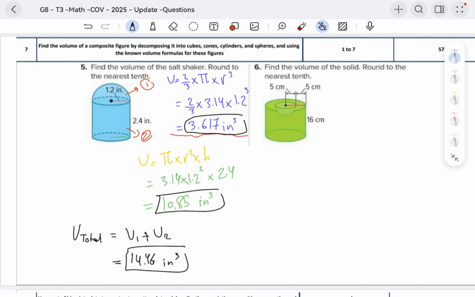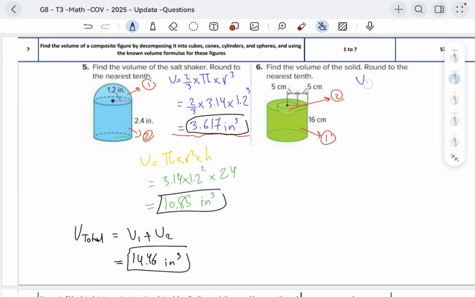Now let's go for question number 6. We have a cylinder and we have a hemisphere. Now to find the total volume here, we're going to subtract, as we did in question number 4. We're going to find the volume of the cylinder, and then subtract the volume of the hemisphere. So let's find the volume of the hemisphere, which is 2/3 of pi times the radius cubed.